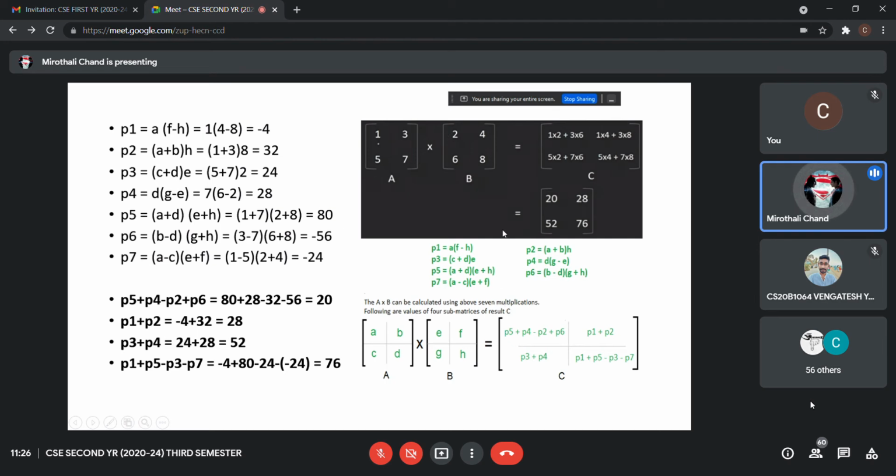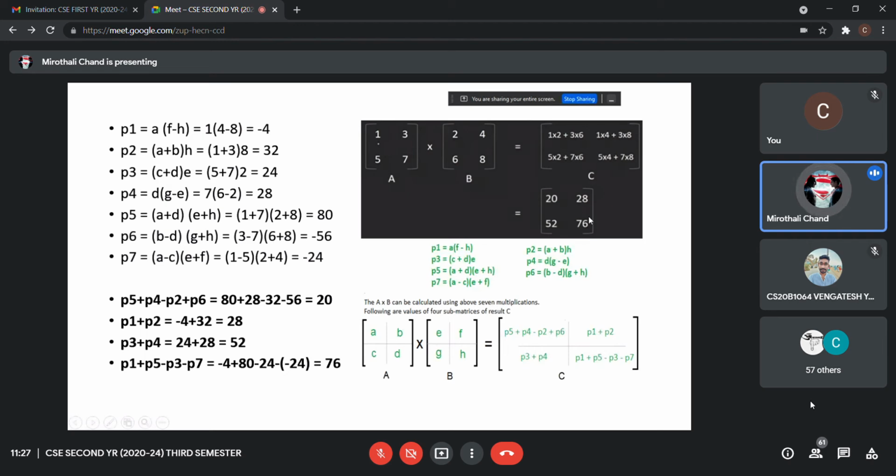So taking the same problem based on these calculations, in calculating P1, A into F minus H. So this will be A, F and H, 4. Similarly, if we just consider this P1 plus P2 and P3 plus P4 for these two, P1 is minus 4, P2 is 32.